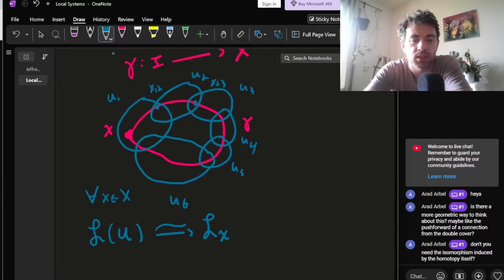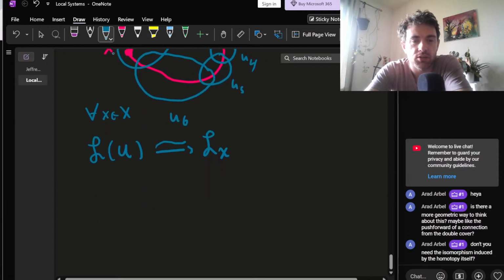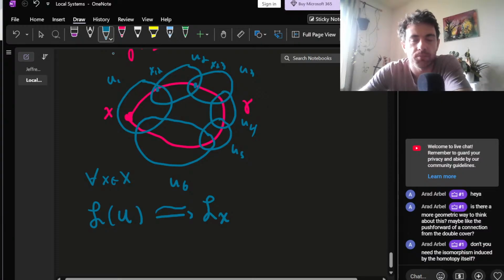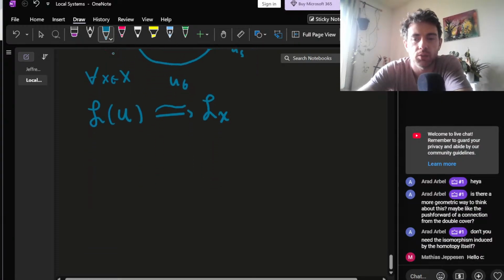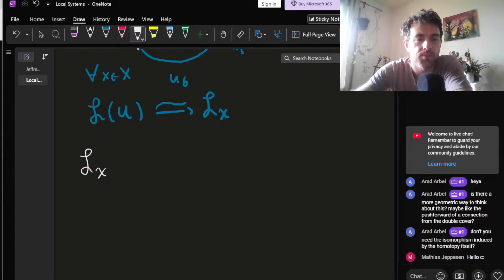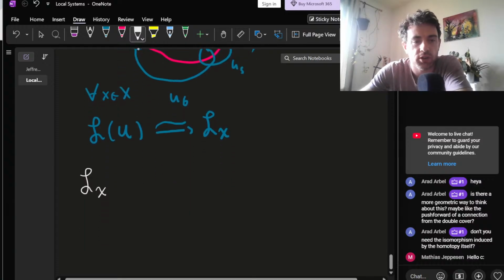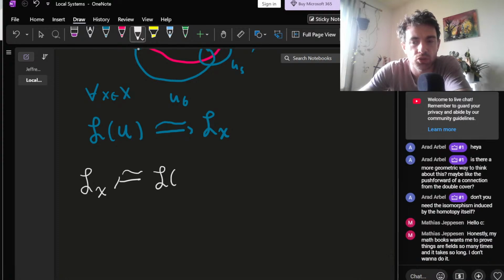And so what we can do then is string together. Starting at x, our base point x here, we know that the stalk at x under the localization map is isomorphic to L at U1.